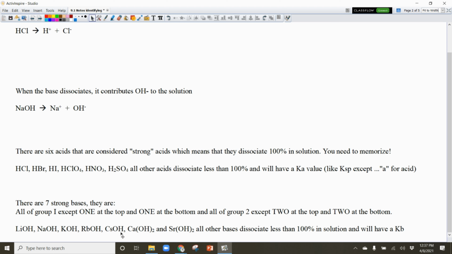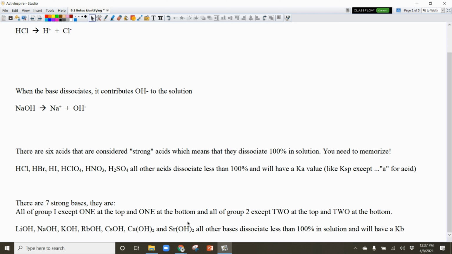Now, it's all of group 2 except for the top 2 and the bottom 2. So it's not going to include beryllium or magnesium, but it does include calcium and strontium. And then, of course, barium and radium, Ra. What is Ra? I'm not sure, but barium and the one right under it, radium, are not included.